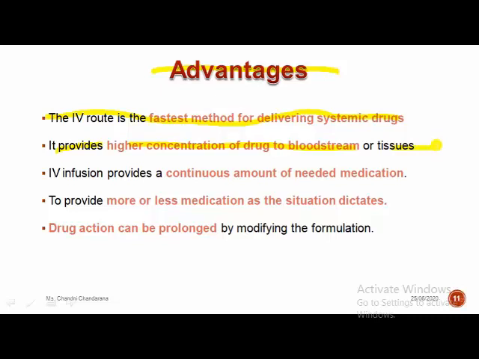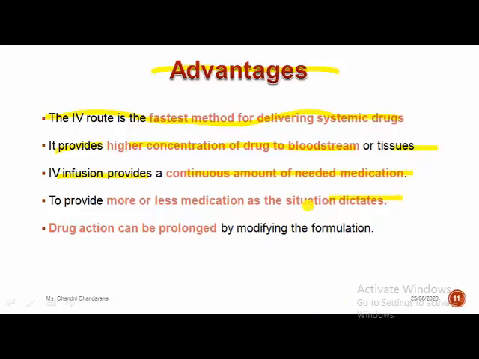So, for patients who cannot take food, or who have serious problems with the gastrointestinal tract, we can provide this kind of injection, and it's very useful. IV infusion provides a continuous amount of needed medication. As you know, it provides more or less medication as the situation dictates.